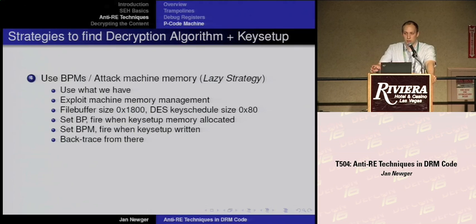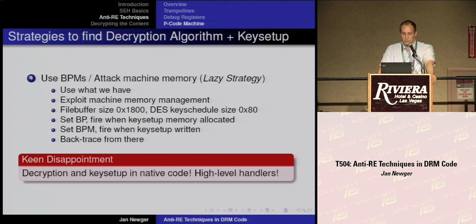And from there, under the assumption that the decryption algorithm is pretty close, we could backtrace from there and have everything. Pretty disappointing in this case was that the decryption and the key setup are contained in native code. That is, some of the high-level handlers actually contained the code to decrypt and calculate the key to decrypt the content.